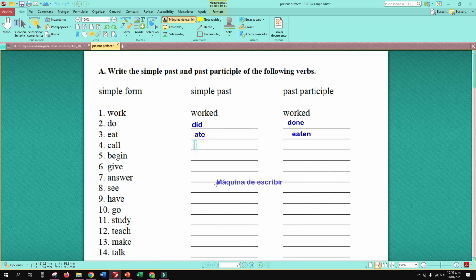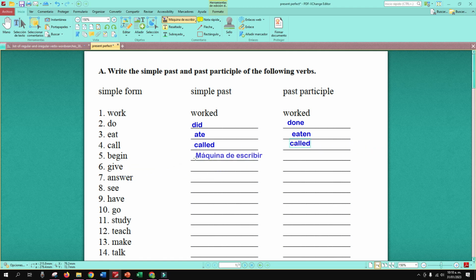This is easy. Call. Simple past, called. Past participle, the same, right? Called, because this is a regular verb. And remember, when you have a regular verb, you're going to have the same simple past, and that is the same in past participle. So call, called, called.